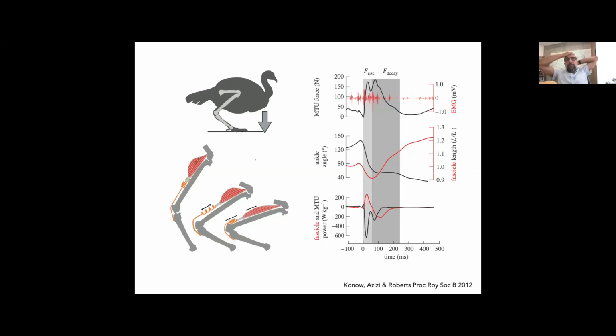Well, I think in terms of sensory motor information, this suggests that particularly the 1B afferents aren't really getting directly relevant information in a system with a lot of compliance present in series, simply because the MTU is stretching and the fascicle is shortening.